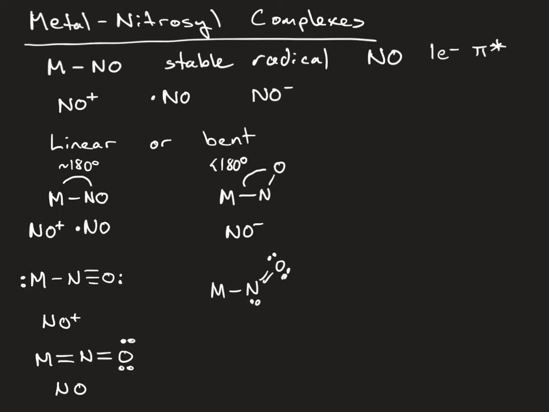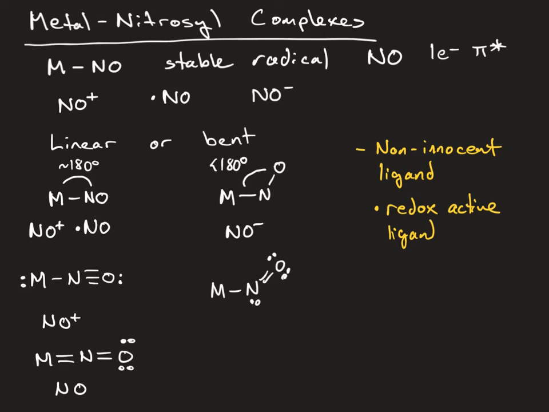The reason for the multiple oxidation states that NO exhibits is because it's an example of something called a non-innocent ligand. A non-innocent ligand is just another name for what you would call a redox active ligand, meaning that you can do electron transfers to and from that, to a first approximation.